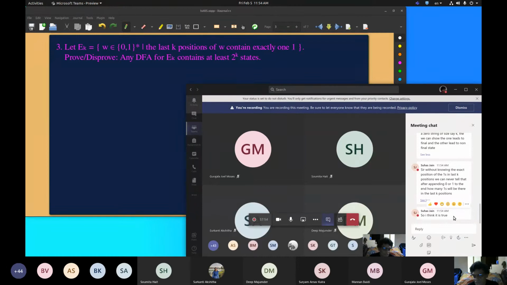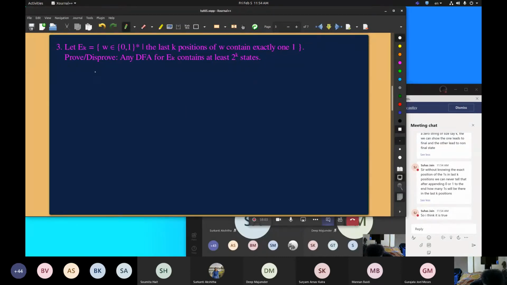Let us see if there are any more suggestions. Okay, so what I want to, so let's take small value of k equal to 1. Definitely this strategy will require two states. 2 power 1 is 2.